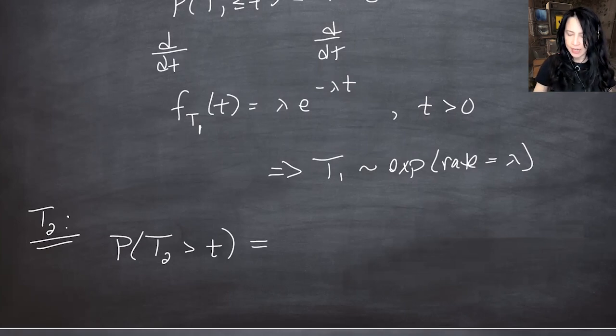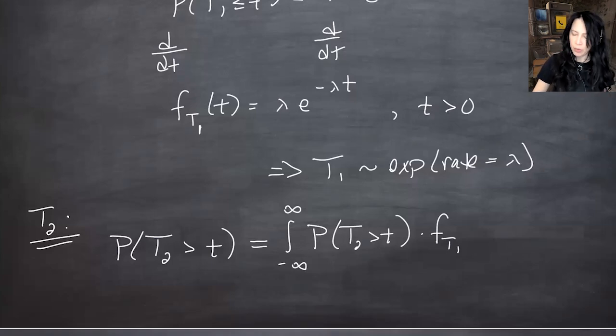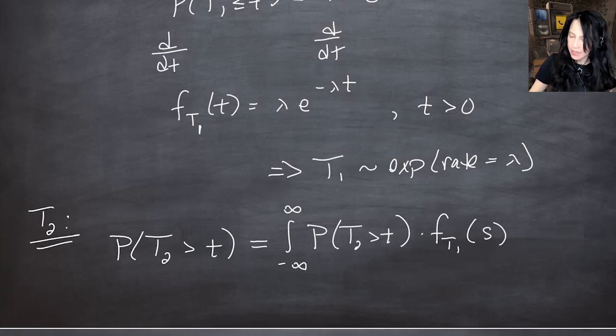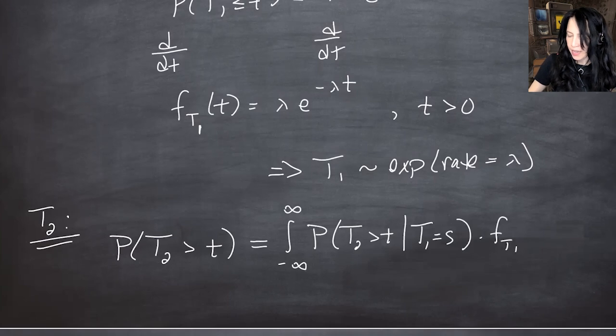I am going to integrate from minus infinity to infinity. Our new conditioning trick: the probability T2 is greater than t, given T1 is s, times the PDF for T1 at s, ds.